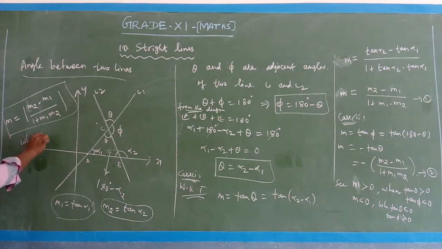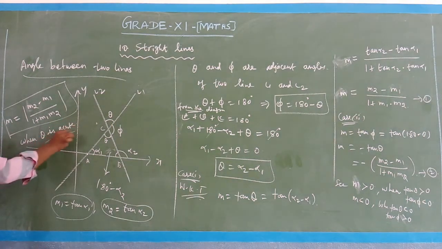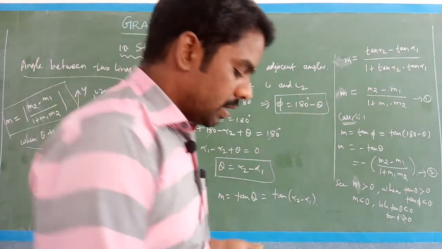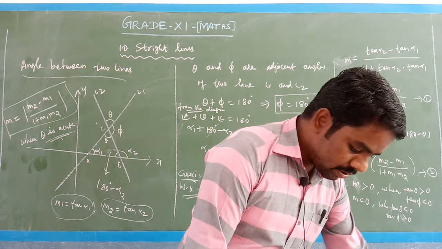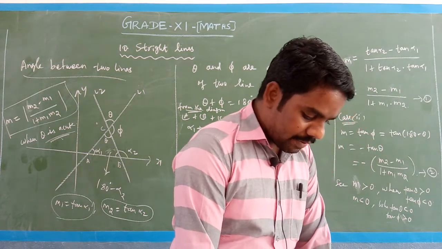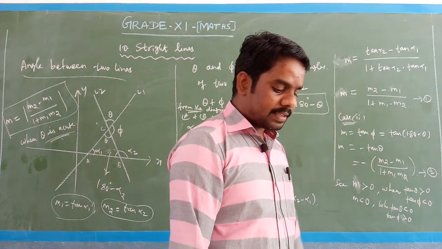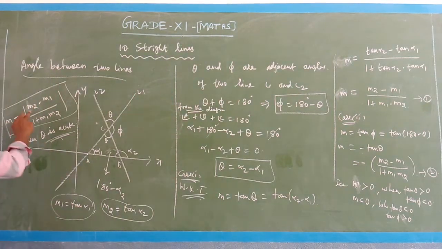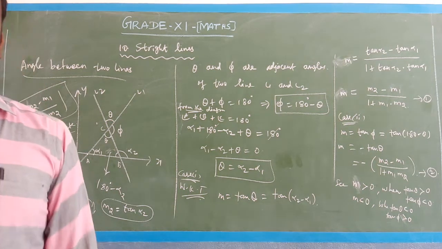Therefore for the angle between two lines, tan theta is equal to modulus of m2 minus m1 divided by 1 plus m1 m2. This is the important formula.